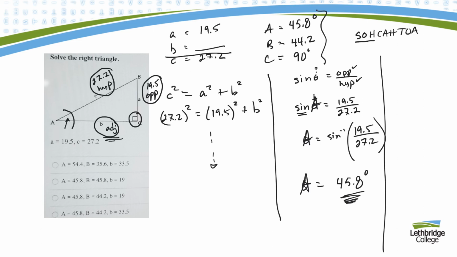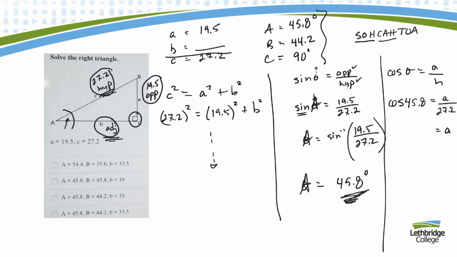So if this is the adjacent side and say I want to use that hypotenuse, that would be cosine. So I could have gone cos of an angle is adjacent over hypotenuse. So the cos of an angle, the angle I now know is 45.8, is equal to the adjacent side, which I don't know, but the hypotenuse I know is 27.2.